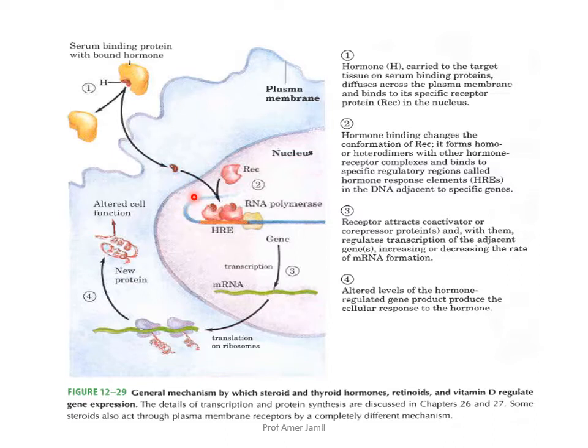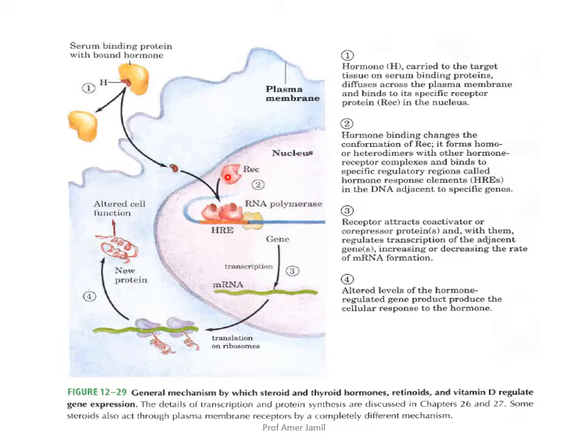Inside the nucleus, this hormone binds to its receptor, which is specific for this hormone. When this receptor is bound by the hormone, certain conformational changes take place in the receptor molecule.